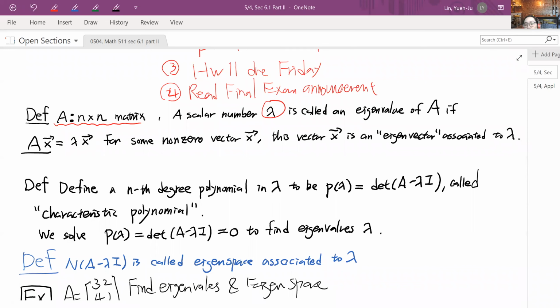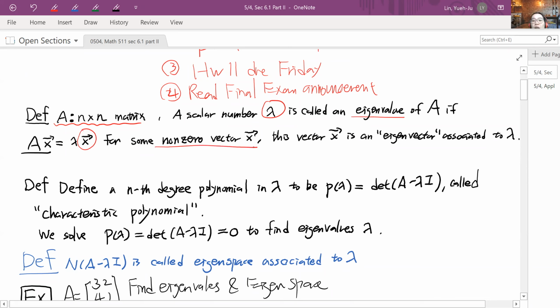This scalar number is called an eigenvalue of the matrix A if you can find a non-zero vector X such that A times X, the effect of A acting on X, equals this specific scalar value lambda times X. If you can find such an X such that this equation is true, then we call lambda the eigenvalue, and the vector X is what we call the eigenvector associated to this lambda.